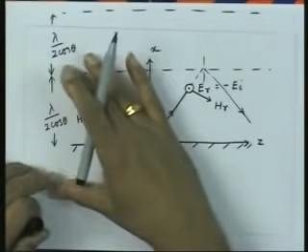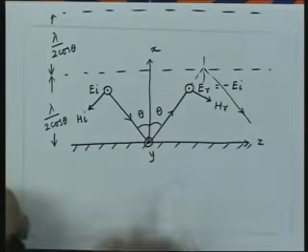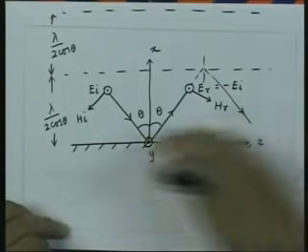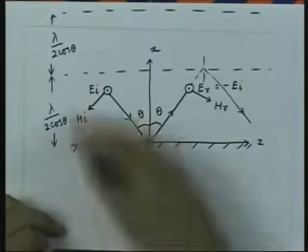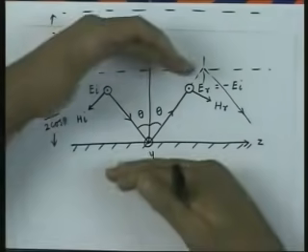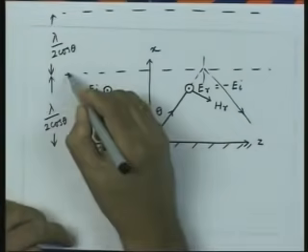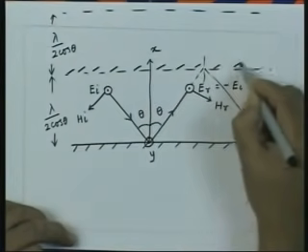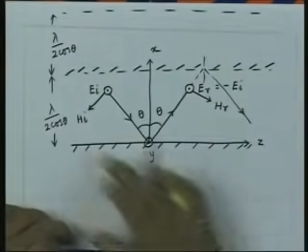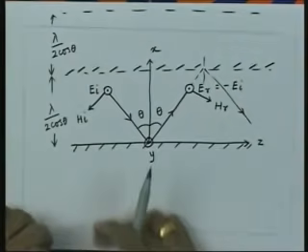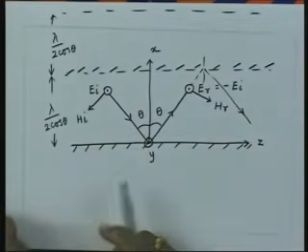So, the fields which are going to survive in this structure can be visualized as multiple reflections of a uniform plane wave. So, the wave is simply bouncing back and forth between these 2 planes which are conducting boundaries. So, I have a conducting boundary here now. So, between these 2 boundaries, by multiple reflections, the wave by this zigzag path is going to travel along this structure, or along these planes which are conducting planes.